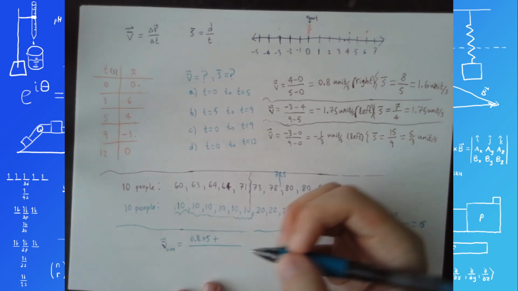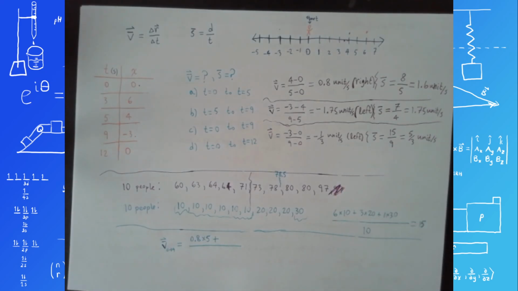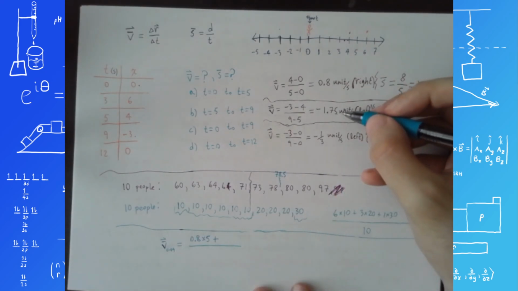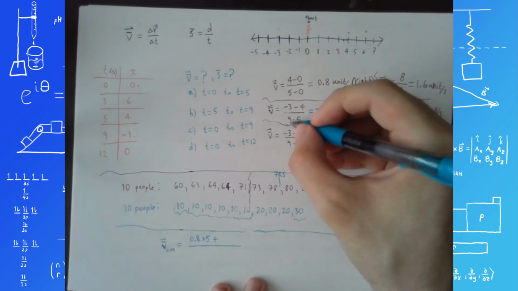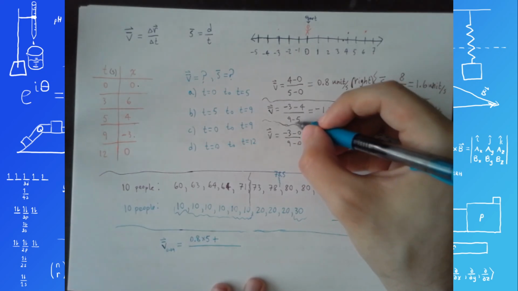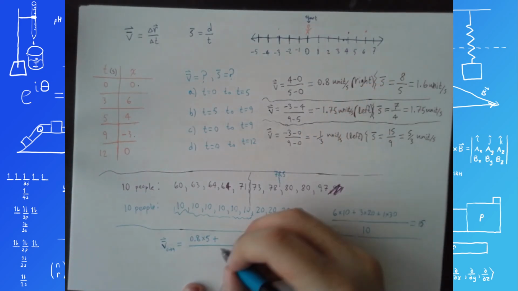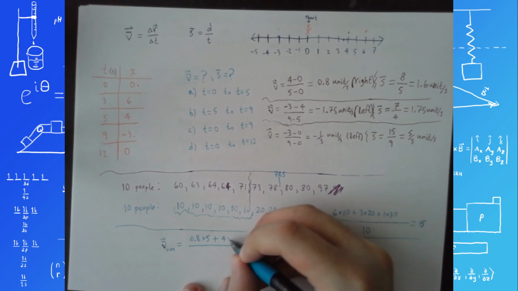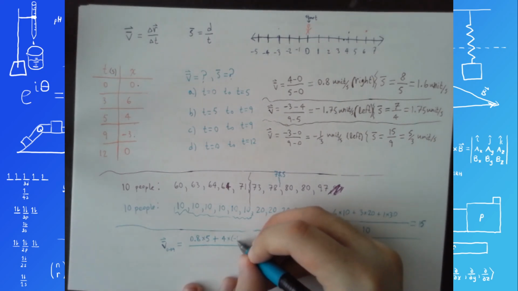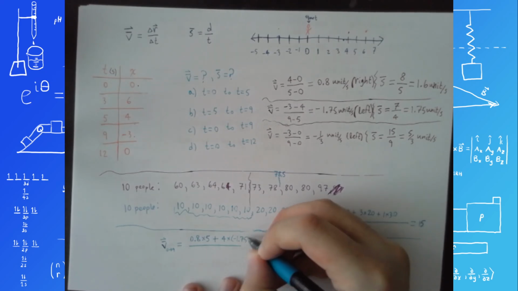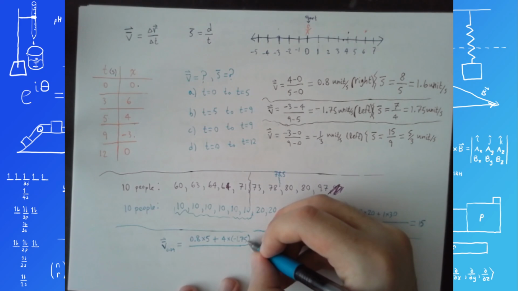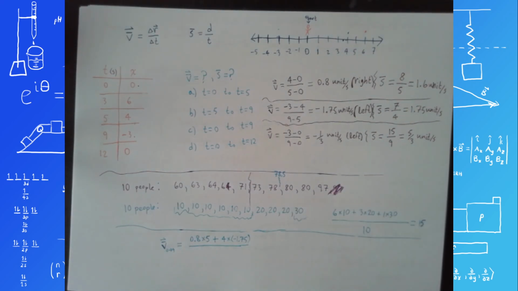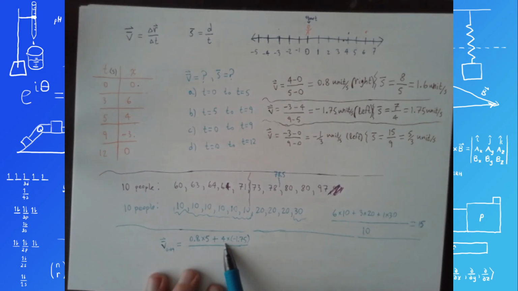But anyway, add to that the contribution of the second part. So I was moving at negative 1.75 for 9 minus 5, or 4 seconds for the second part. So I would do 4 times negative 1.75, since my quote-unquote score of negative 1.75 was being added to the average over the duration of 4 seconds.